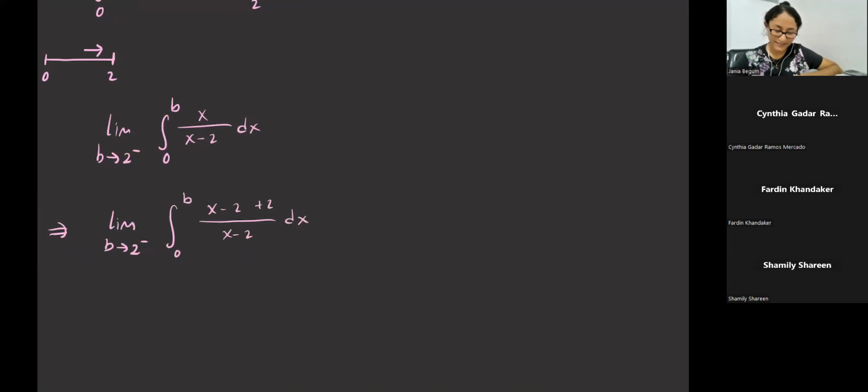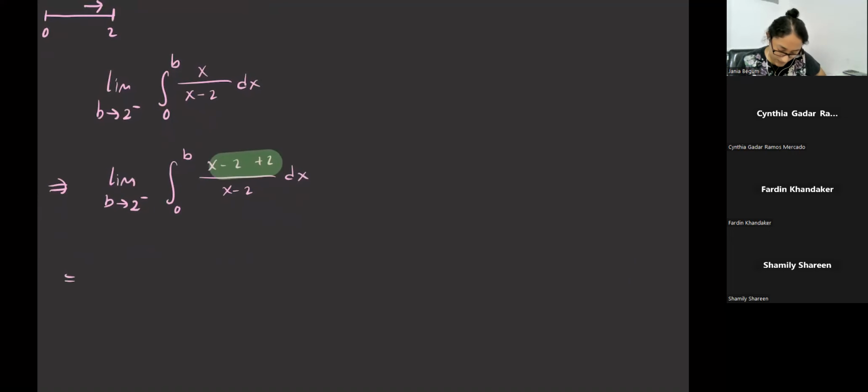Do you see what I just did? I added 2 and subtracted 2 at the same time. And now I'm going to separate this in the following way. So this is equal to the limit as b approaches 2 from the left of the integral from 0 to b of 1 over x minus 2 plus 2 over x.